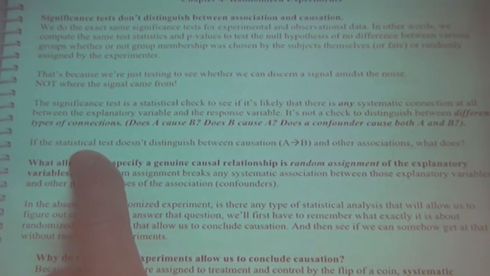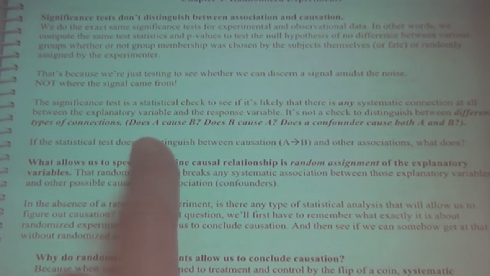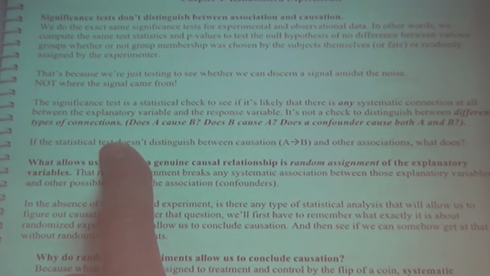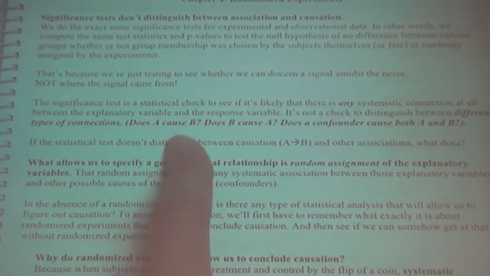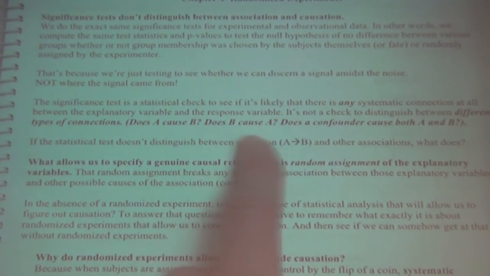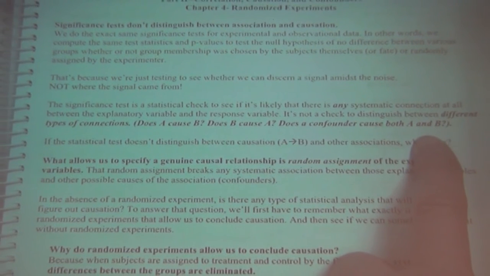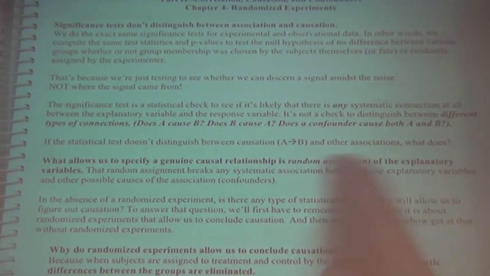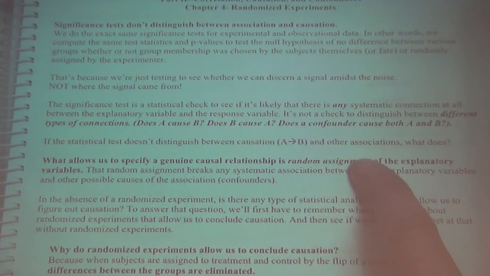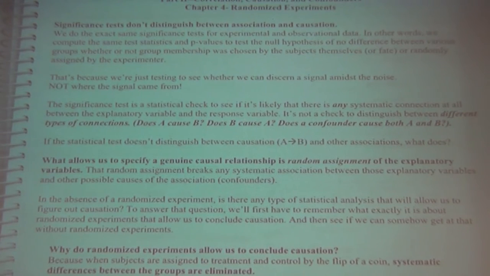If there is a causal relationship, it won't tell you, first of all, whether there's a causal relationship at all, and it won't say whether A causes B. You wouldn't know from that. Does B cause A? Does the confounder cause both A and B? Okay? So you don't know. It doesn't distinguish between causation and association. So if the significance test doesn't do that, then what does?